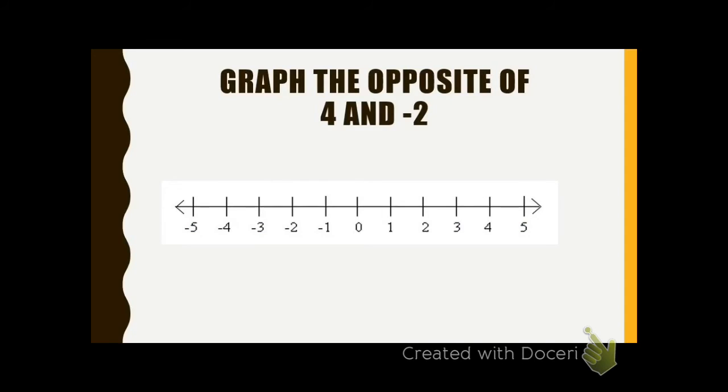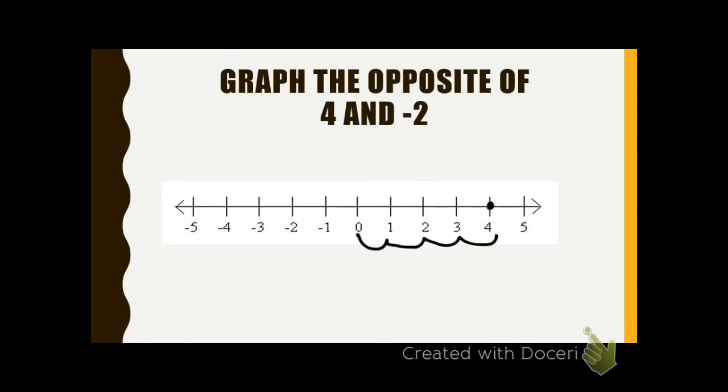All right, let's practice by graphing the opposite of 4. I would go to my graph first and mark the 4. That was 1, 2, 3, 4 places from 0.